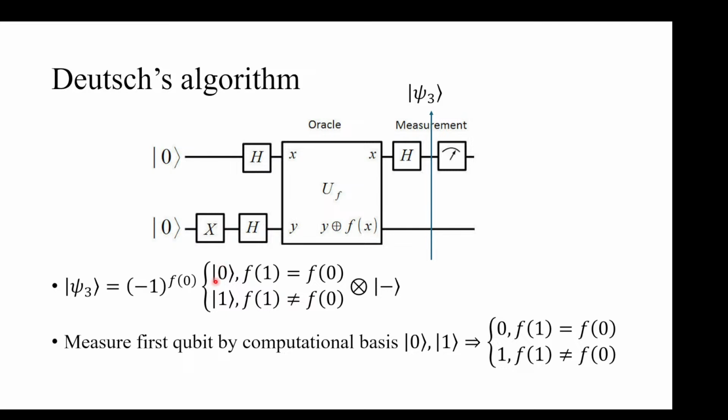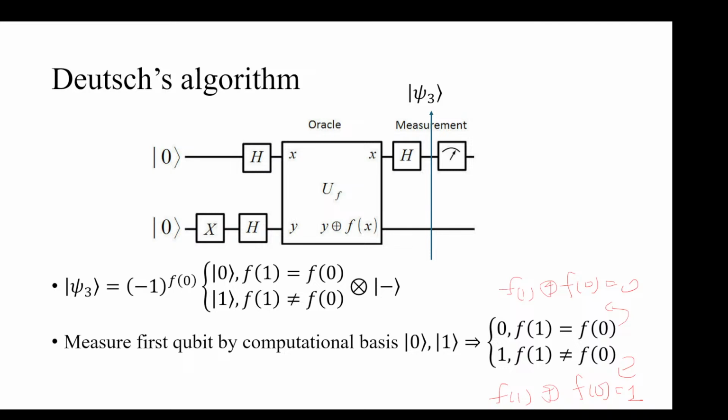So you see that you get a 0 outcome if f1 equal to f0, and a 1 outcome if f1 doesn't equal to f0. And that will exactly tell you what f1 XOR f0 is. Because when f1 equal to f0, this means that f of 1 XOR f of 0 will equal to 0, and this is when f of 1 XOR f of 0 will equal to 1.